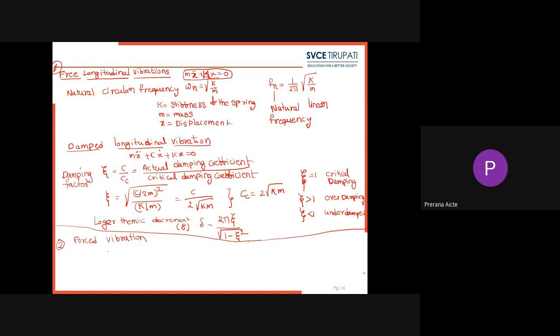So we will see harmonic force based equation: m x double dot plus s x is equal to F naught sine omega t. So this is representing the harmonic force. This is not a normal force. As a whole, we represent this as a harmonic force.